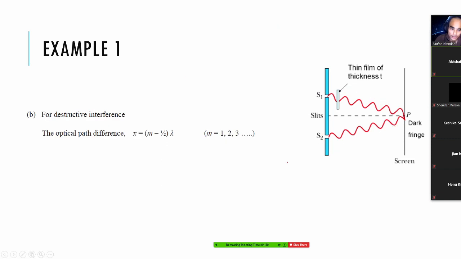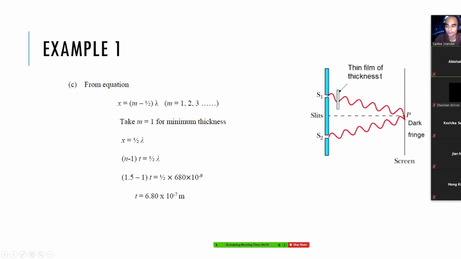Okay, the second question. For destructive interference, the optical path difference will be x equals m minus 1 over 2 times lambda, where m can be 1, 2 and 3. This is very basic. For a dark fringe to happen at P, the optical path difference between source number 1 to P and source number 2 to P must be m minus 1 over 2 lambda.